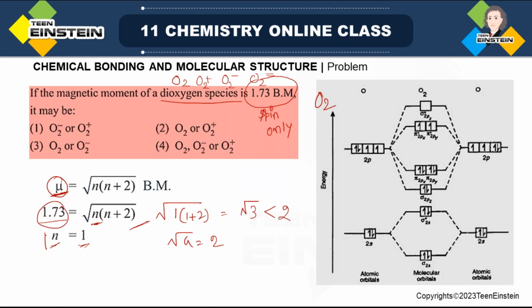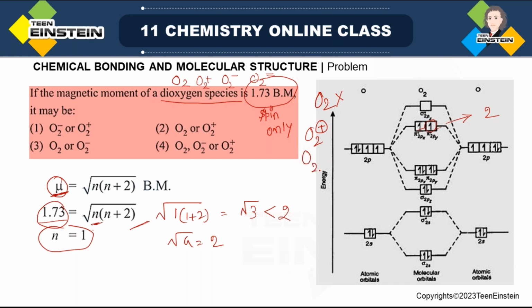Now, the important point is we have this answer, that means the number of unpaired electrons should be only 1. So this cannot be the O2 species, because here you can see the total number of unpaired electrons is 2, 1, 2. It can be true for O2 plus, because when it is O2 plus, you are removing this 1 electron.